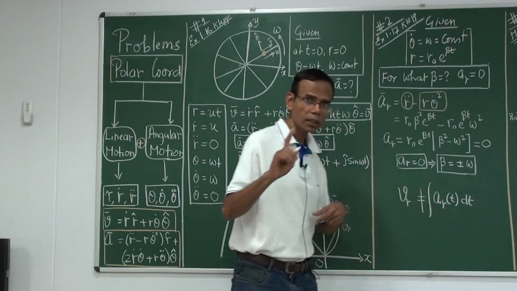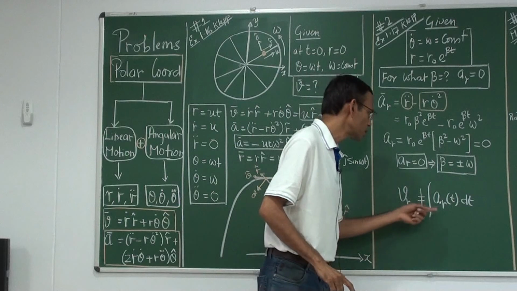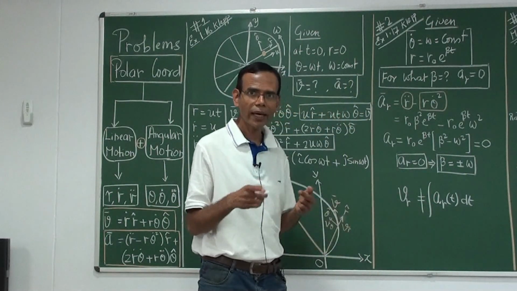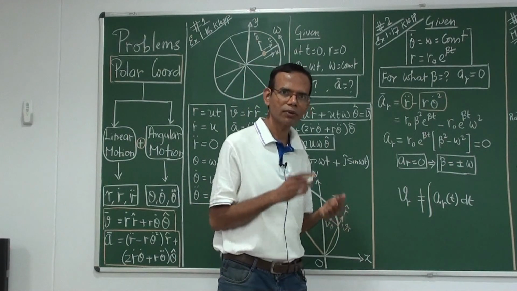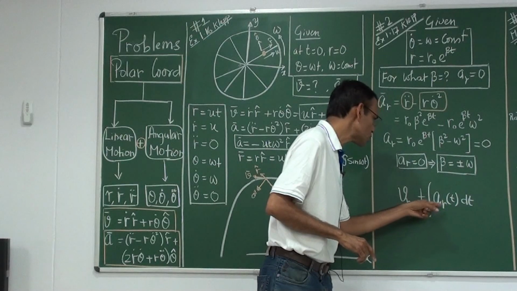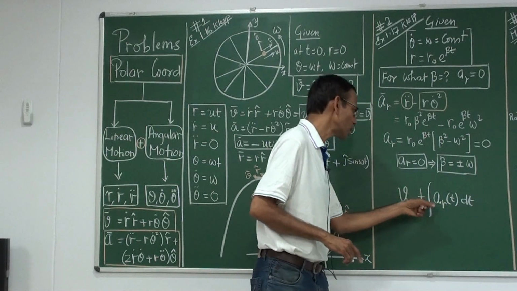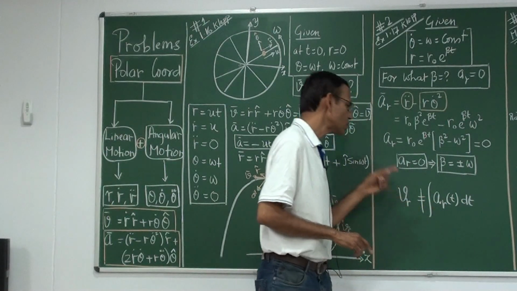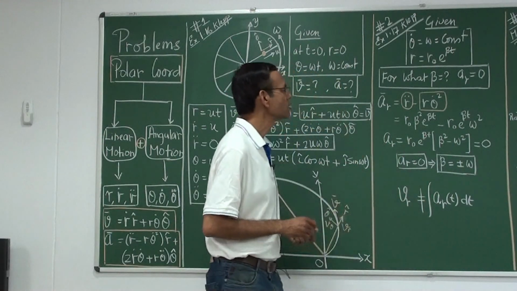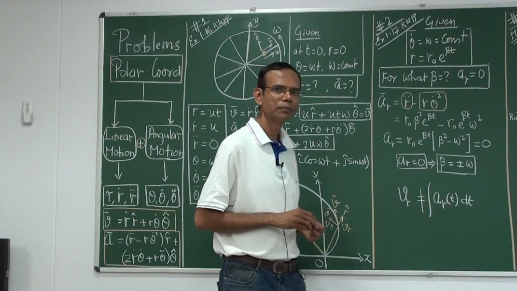It is true in the case of Cartesian coordinates, but in polar coordinates, since the theta cap and r cap are changing with time, from the components you cannot calculate the VR. So integral of AR dt is not equal to VR. This is an important thing that we learn from this problem. Okay?